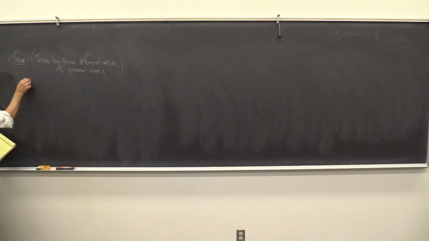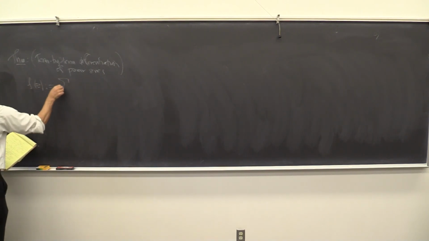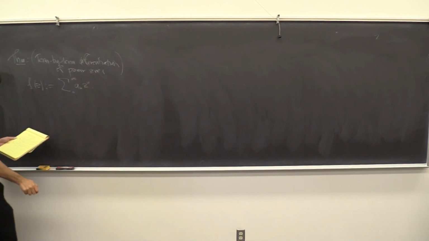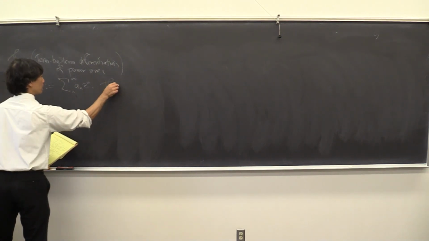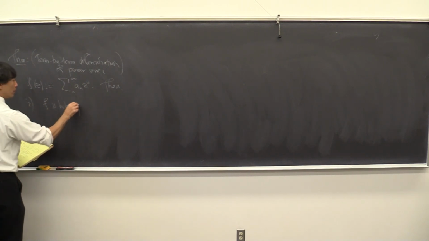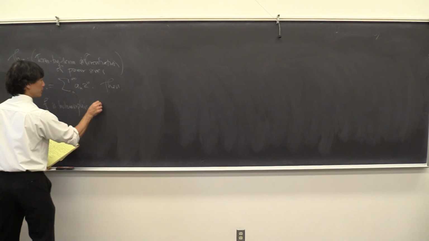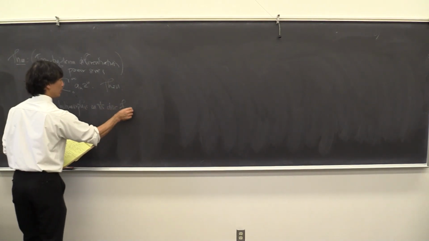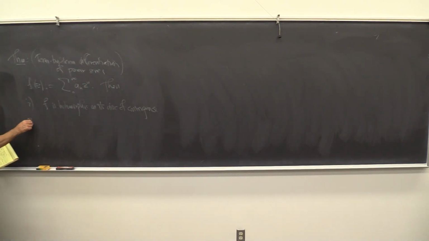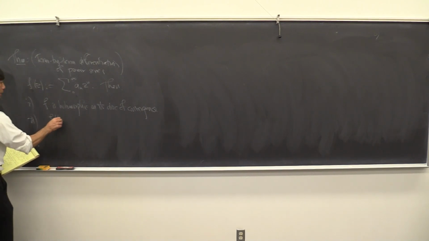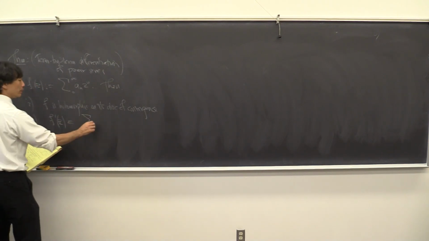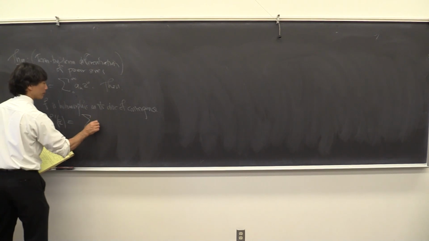Okay, so here we go. You have some function, and it has a power series expansion, sum of a sub n z to the n. Then f is holomorphic on its disk of convergence, and the derivative has the power series expansion that you get by differentiating the original power series expansion term by term.